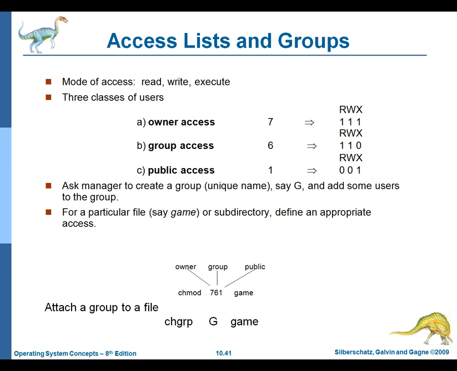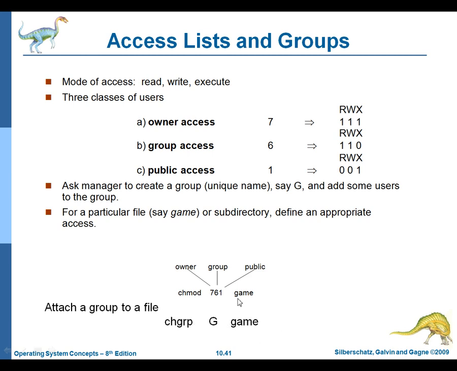Create a group, that is maybe a unique name. Let us say G is the group, and add some users to the group. As we can see, who are the users for a particular file, say a game or subdirectory. Define an appropriate access. So what kind of access? As you can see here, the group has been created whose name is G game.